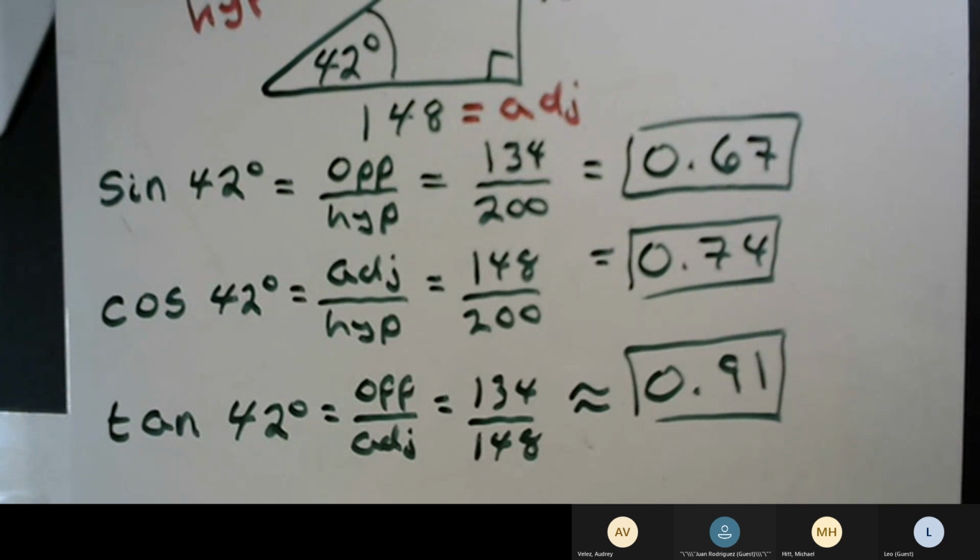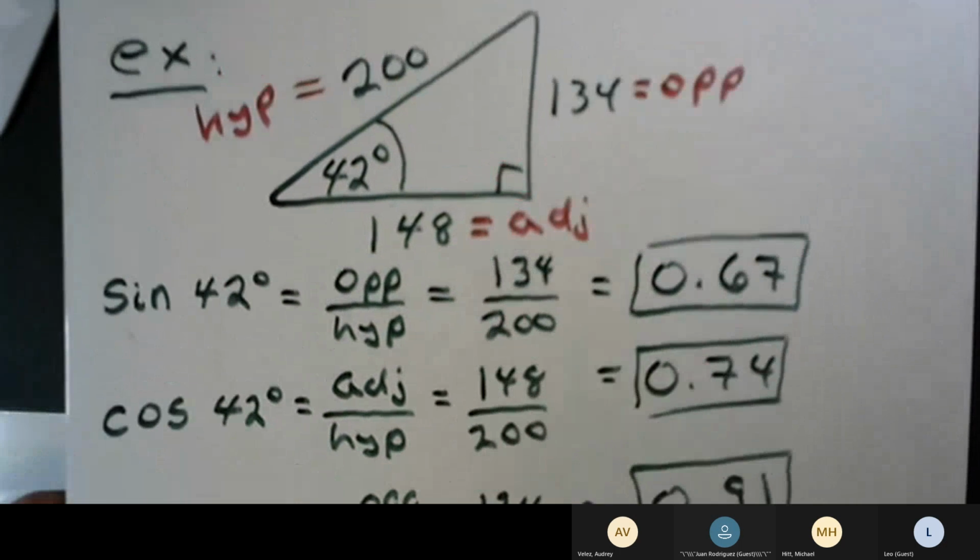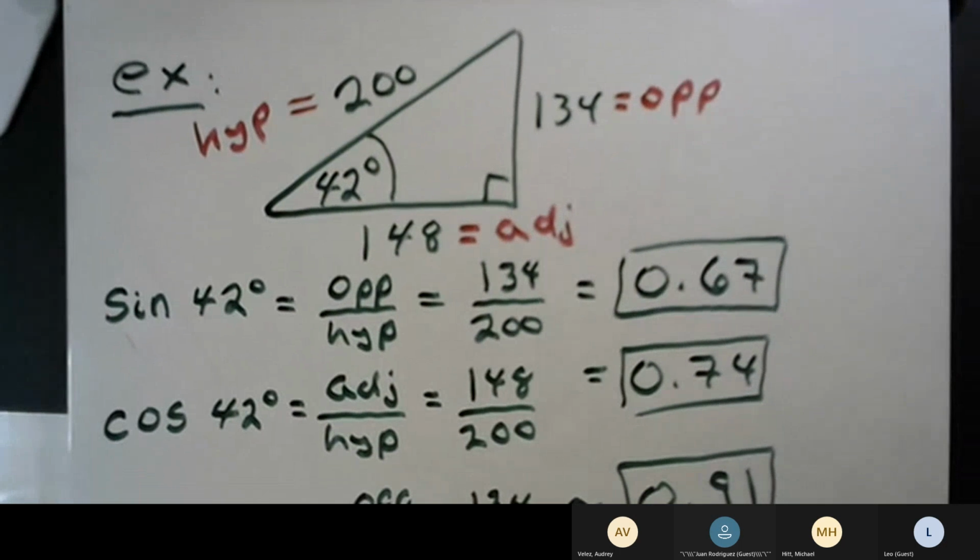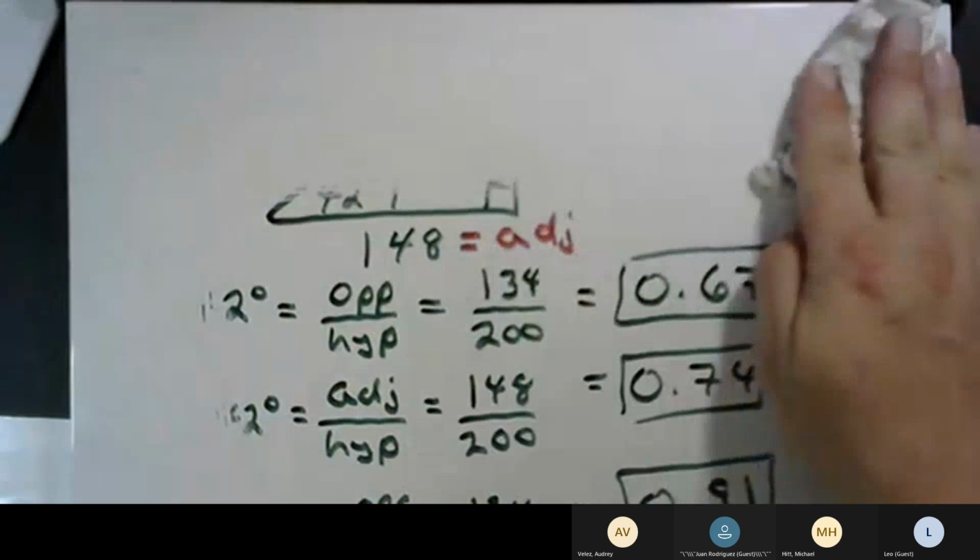So that's really the main thing for 10.2. I'm just going to touch on a couple of things here. There's a couple types of problems you're going to run into where you're going to use a calculator. There are two types of calculator problems. One is finding the sine, cosine, and tangent using a calculator.